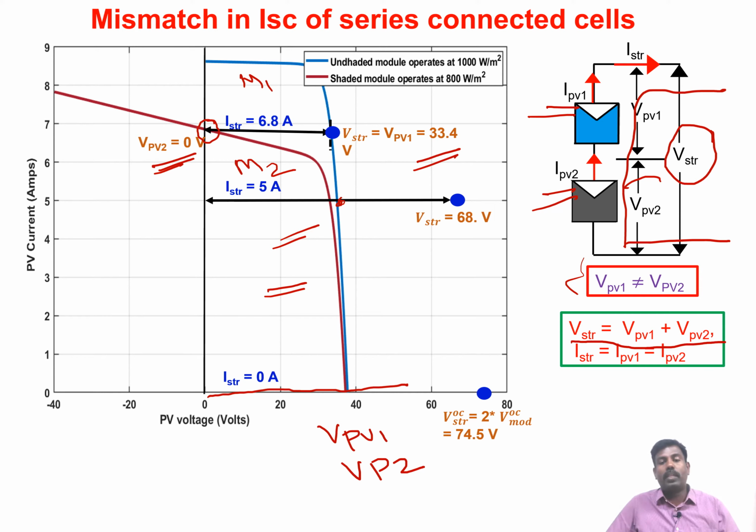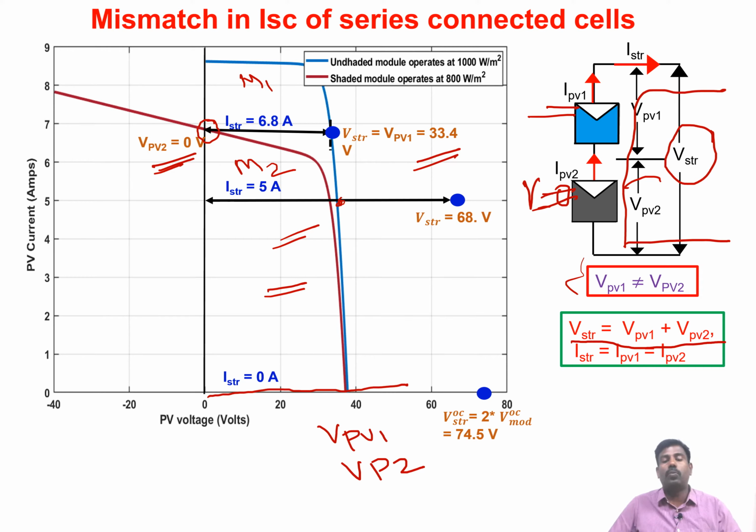So the voltage across VPv2, that is the shaded modules, will almost become V equal to 0, and the string voltage will be equivalent to the voltage across module 1 if you try to operate at the short circuit current of module 2.